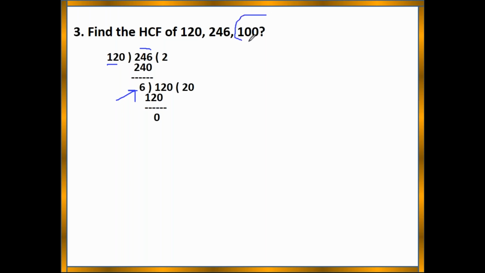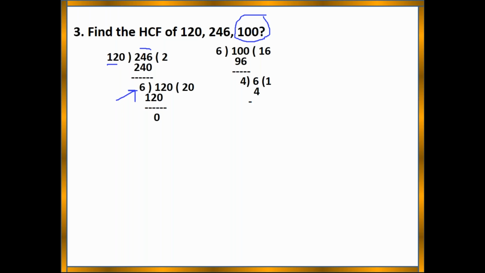But we have the third number also. You have to check whether 6 is a divisor for 100 or not. So 6, 100, 6 16s are 96. 4 is the remainder. So if the remainder is not equal to 0, that is the divisor for the previous divisor 6. 4 1s are 4.